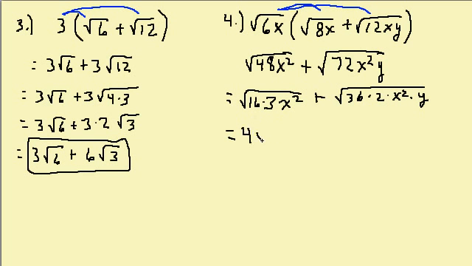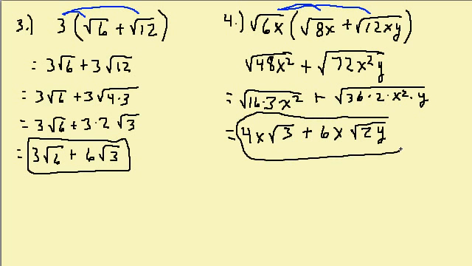Square root of x squared is x, and for taking the square root of these variables, we're going to assume that all variables represent positive real numbers. Okay, so square root of 16 is 4, square root of x squared is x, and 3 is not a perfect square, so it stays under the radical, plus square root of 36 is 6, square root of x squared is x. 2 and y are not perfect squares, so the 2 times y stays under the radical. And there's our final answer.